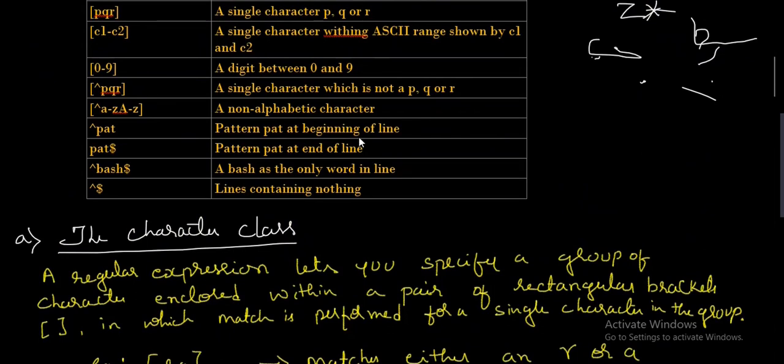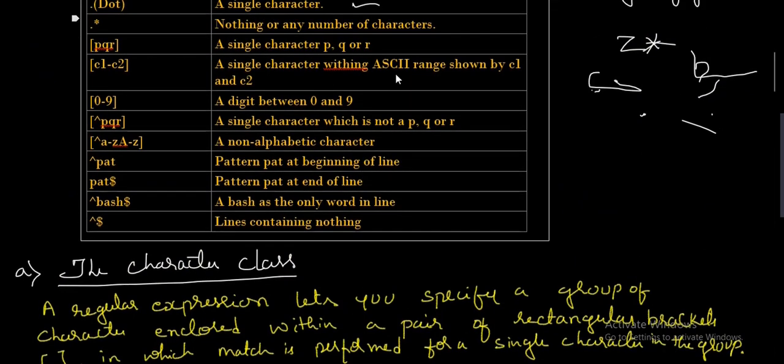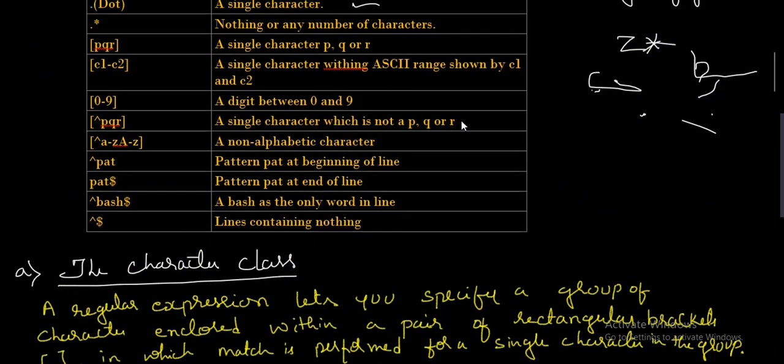Similarly, if you want to match any of the characters specified in the brackets, either P, Q, R, whichever character you want to specify among these, you can use these brackets. That we are going to discuss now.